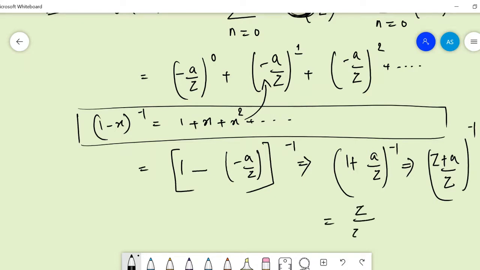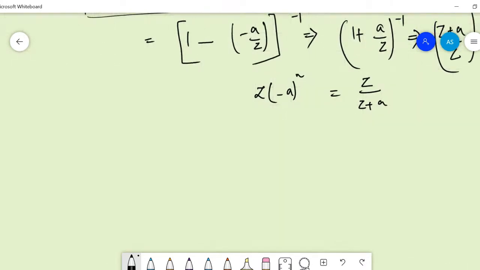So z by z plus a is the value of Z of minus a power n. From this we can find Z of minus 1 power n. In place of a we can substitute a is 1. So z by z plus 1. We can find Z transform for many more functions.